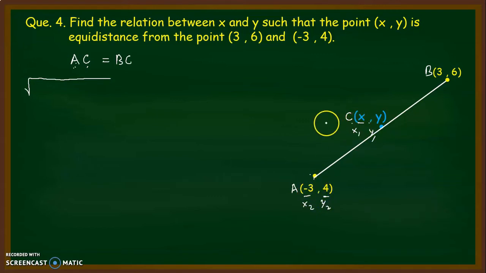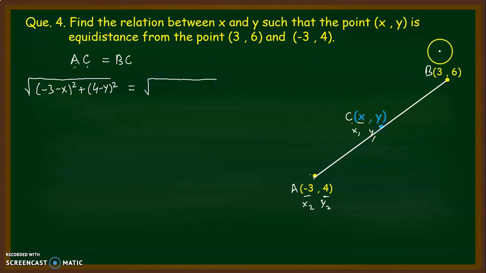So (x2 minus x1) whole square, that will be (minus 3 minus x) whole square, plus (y2 minus y1) whole square, that is (4 minus y) whole square, is equal to the distance between B and C.